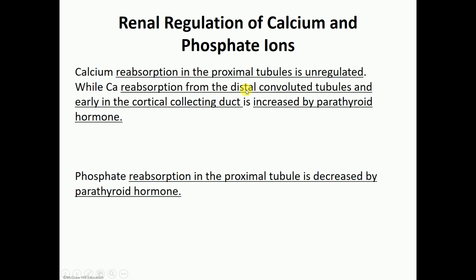It will increase the calcium reabsorption from both of these parts. The effect of PTH on phosphate reabsorption occurs in the proximal tubule, where reabsorption decreases in the presence of PTH.